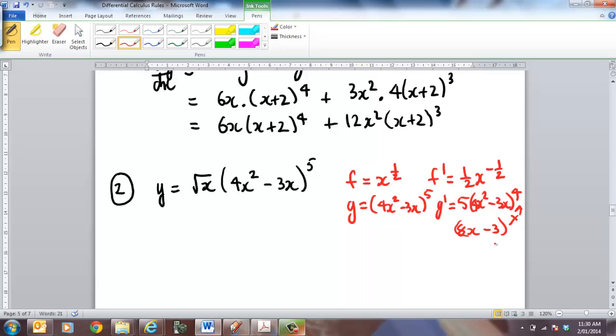Alright, so when we start doing this, now obviously once you get good at this, you don't have to actually do the bit in red, you can go straight to the answer.